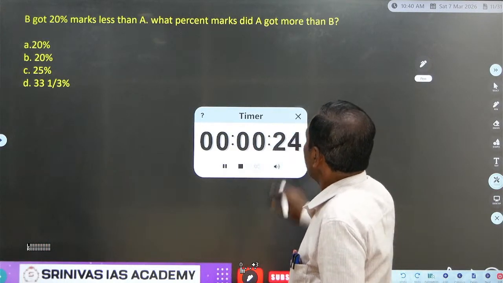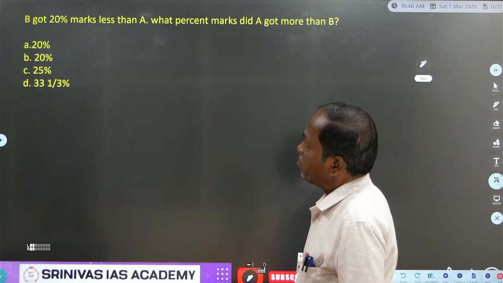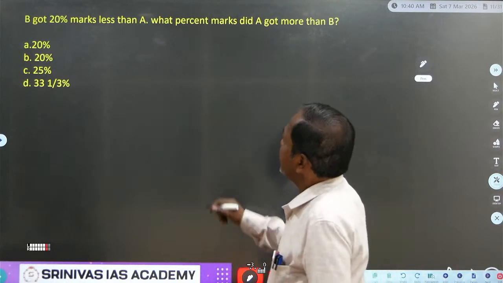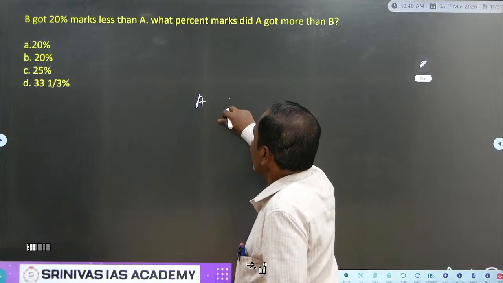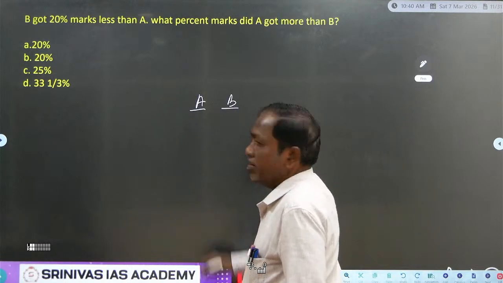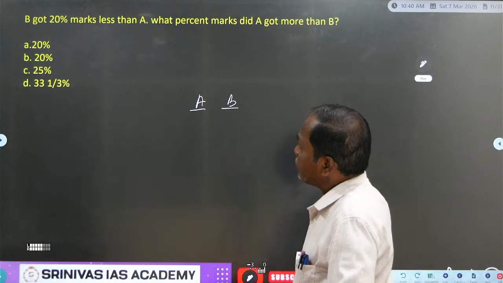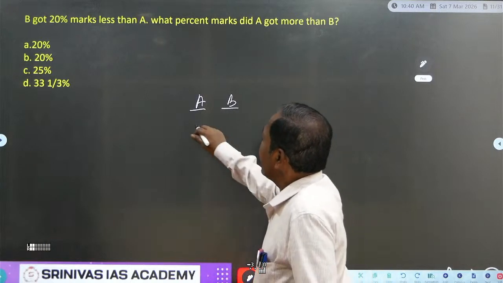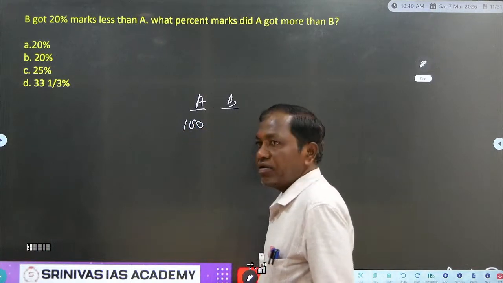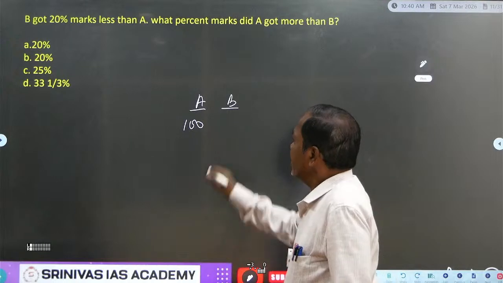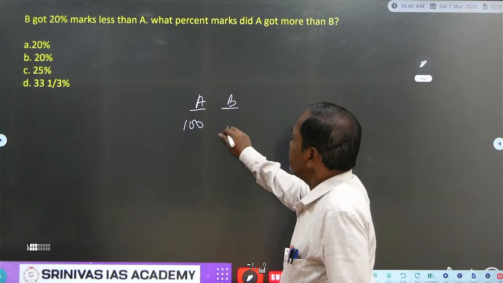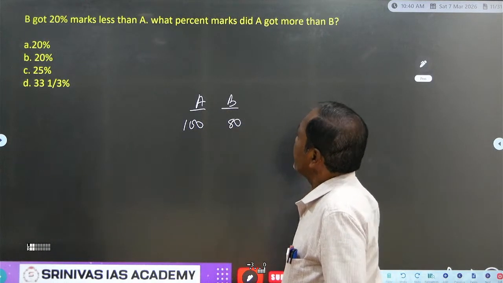Right now, B got 20% marks less than A. There are two people, A and B. B got 20% marks less than A. Let the marks of A be 100, and 20% less means what? 80. Right.